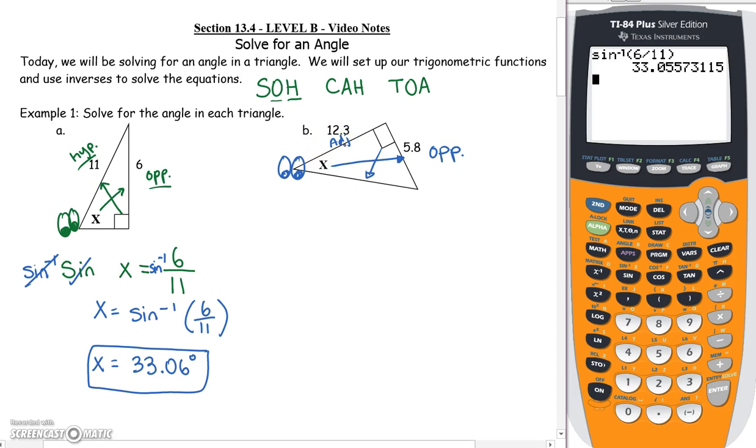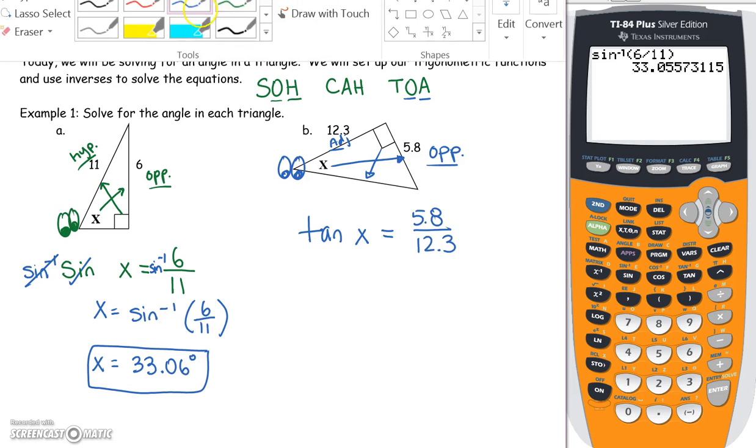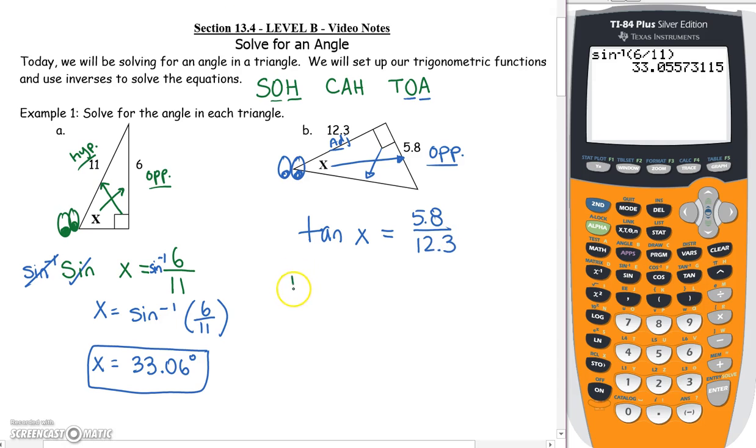All right, what information has opposite and adjacent? Well, it looks like tangent has opposite and adjacent. So we would say tangent of x equals opposite first, so 5.8, divided by the adjacent side, which is 12.3. And then we're going to go ahead and solve this. Now, we do tangent inverse on both sides.